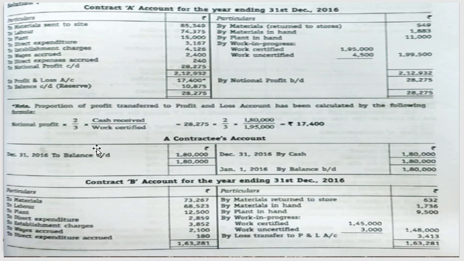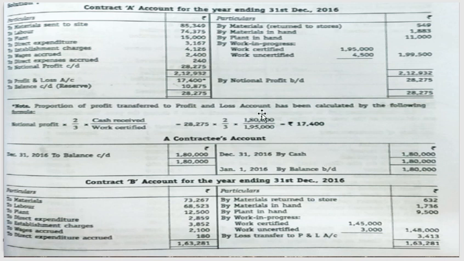Next we will be preparing the contractee's account for contract A. In the contractee's account, first we will record the cash we have received. For contract A, the cash we are receiving is 1,80,000 as per the question. So by cash account 1,80,000.